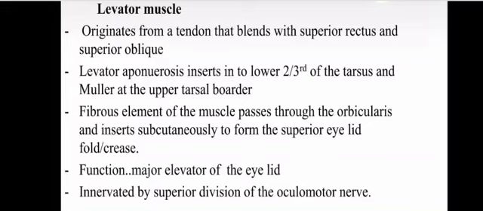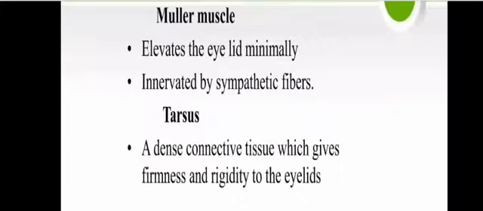The function is elevation of the upper eyelid, and it is innervated by the superior division of the oculomotor nerve. The next one is Muller's muscle, which elevates the eyelid minimally and is innervated by sympathetic fibers. The tarsus is a dense connective tissue which gives firmness and rigidity to the eyelids.